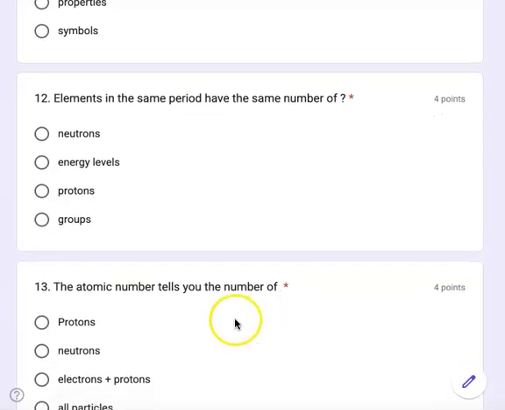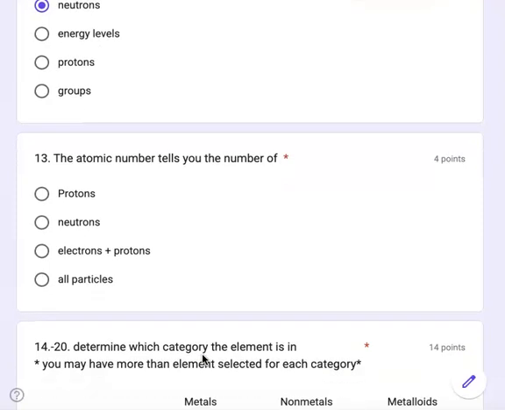Elements in the same period have the same number of neutrons, energy levels, protons, groups. 13. The atomic number tells you the number of protons, neutrons, electrons plus protons, all particles.